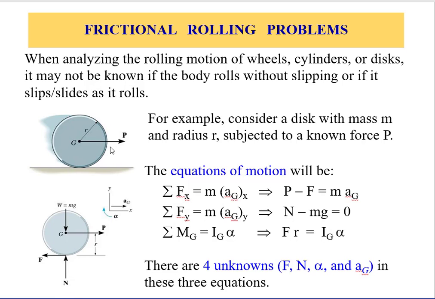This wheel is being pulled to the right, which causes this wheel to rotate clockwise. And if we take that motion, then we can say that there exists a friction force F, but we don't know if it's slipping or rolling.